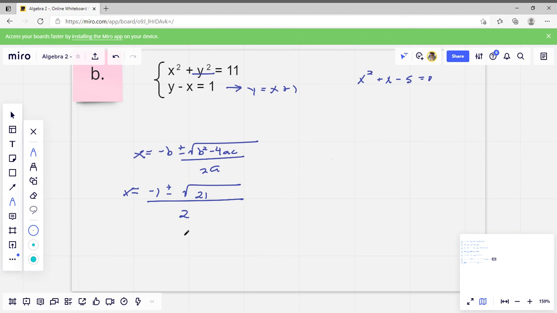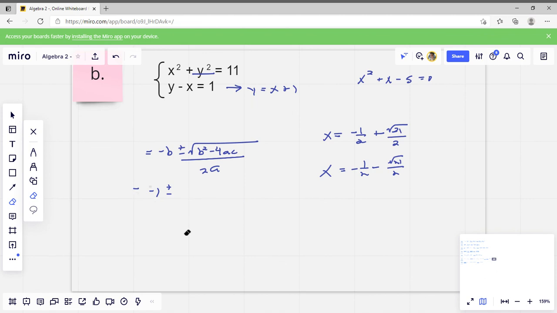All right, so that means that x equals negative 1/2 plus the square root of 21 over 2, and x equals negative 1/2 minus the square root of 21 over 2. Now we got to get our y values.